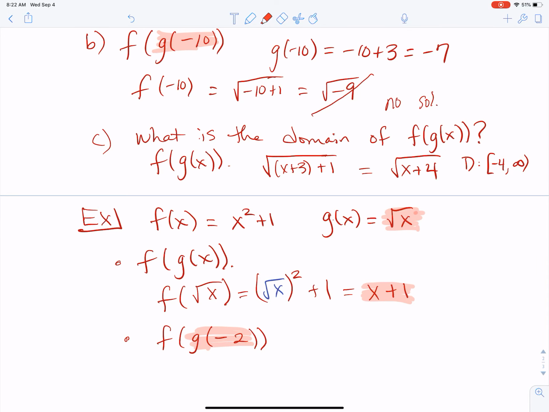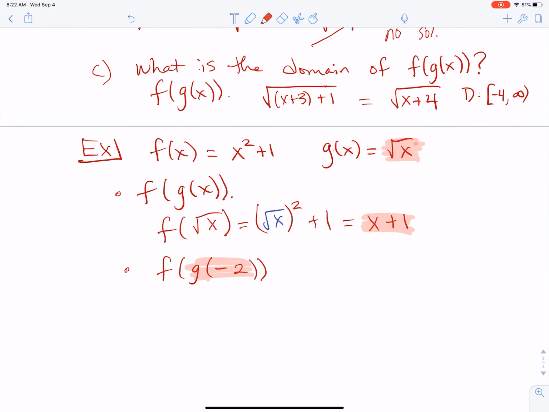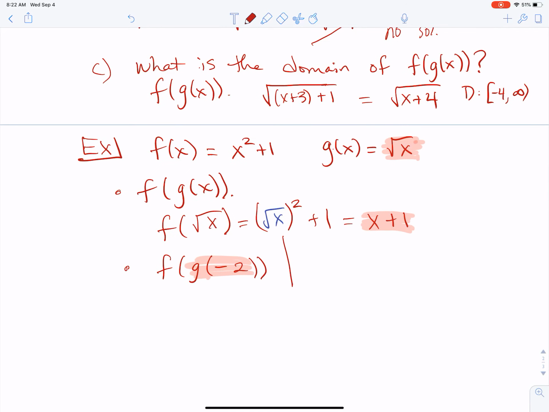To answer what the domain of this composition is, you have to look at what you are allowed to substitute into the composition before it has been simplified. Before it's been simplified, I'm only allowed to substitute in x values from 0 to infinity. So the domain of f of g of x is actually 0 to infinity.